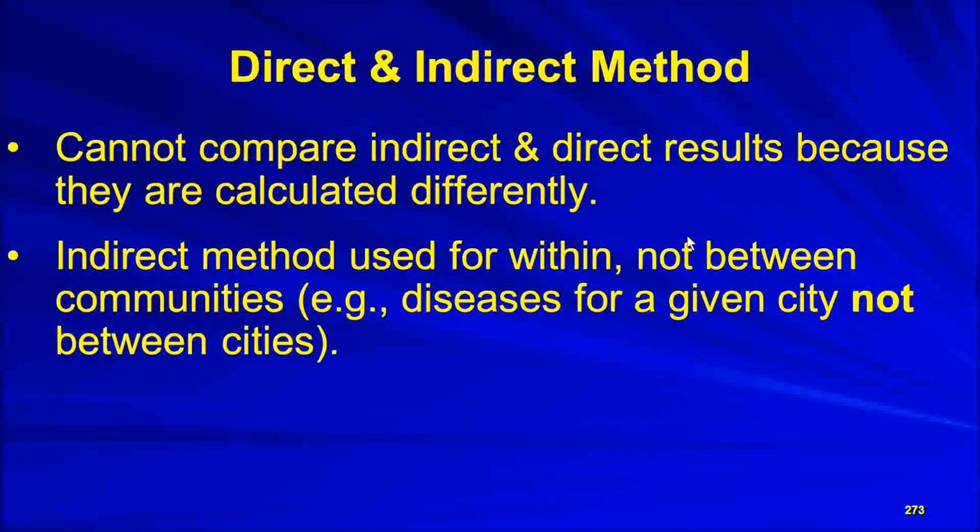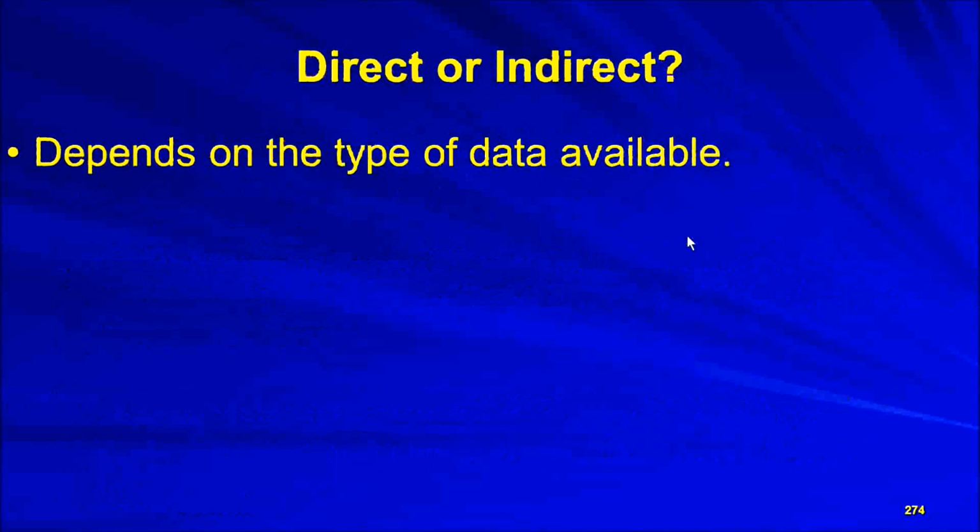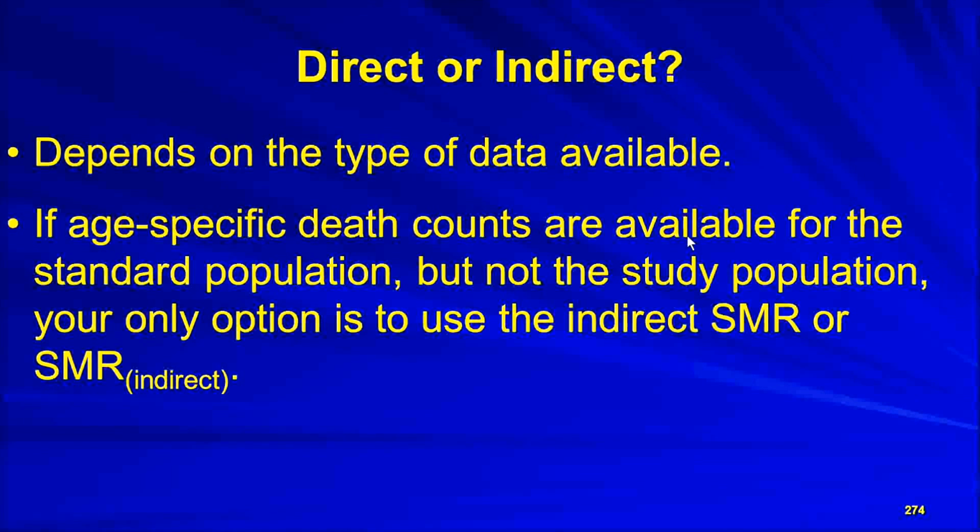Okay, and for the direct method, you can make country comparisons. And I've told you about the skewness. So when we use the direct method, it depends on what data is available, and we know that the age-specific death rate counts are going to be available for the U.S. population just because of the amount of money we spend on data.